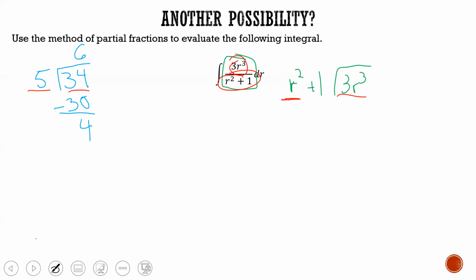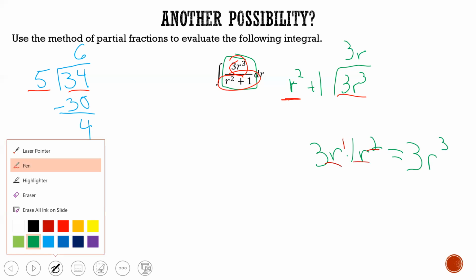The answer is 3r. Because 3r times r squared gives a 3 times 1, so it's a 3, and then r times r squared, we add the exponents, 1 plus 2 gives us 3, so we have 3r cubed. So I know that is correct.